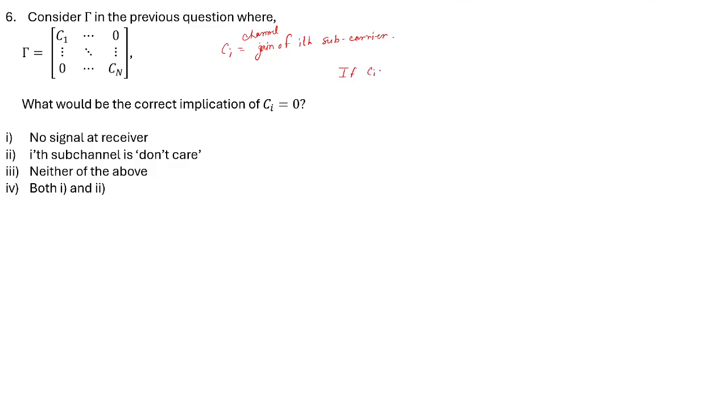If Ci is equal to 0, whatever symbol is being transmitted over the ith subchannel is lost.